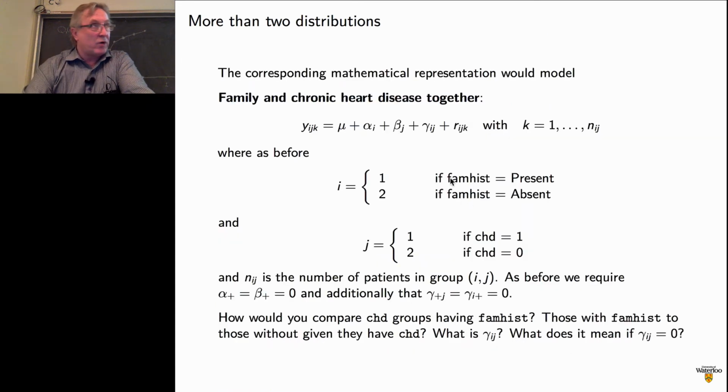So we'd have this overall mean, mu, plus an effect due to the presence or absence of family history, plus an effect due to the presence or absence of coronary heart disease. Right? And I think what you were trying to chase there by making that comparison is this guy. Some sort of interaction between the two.